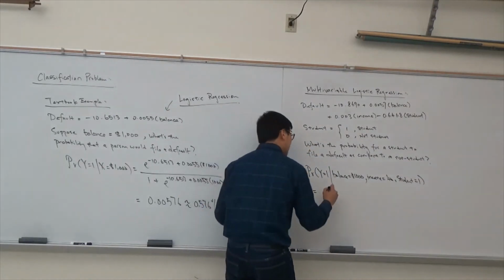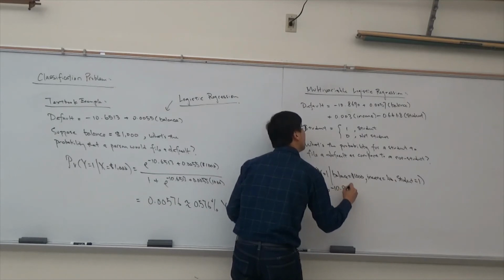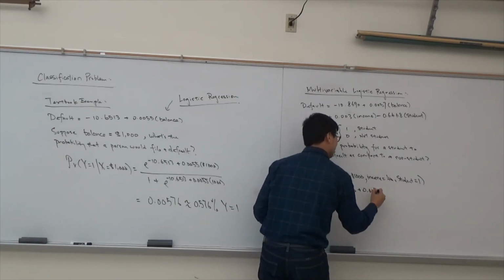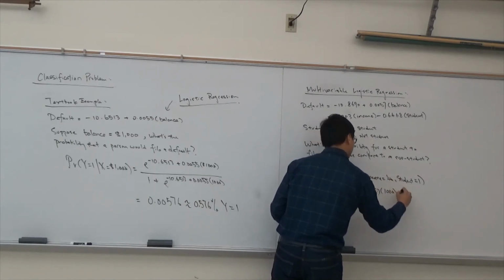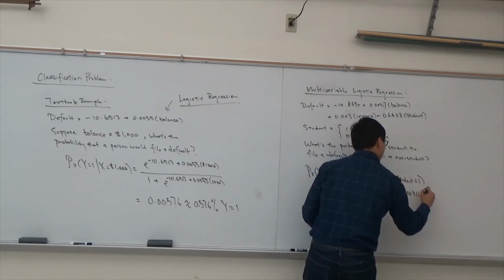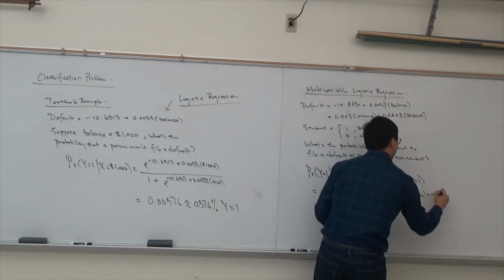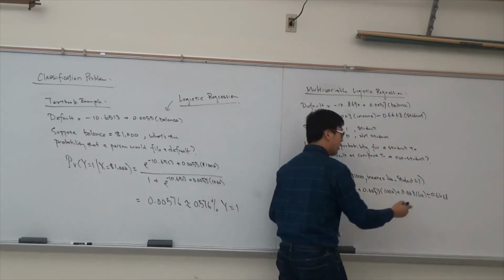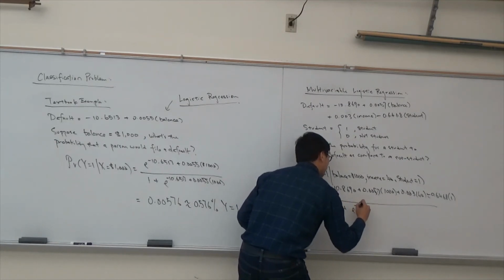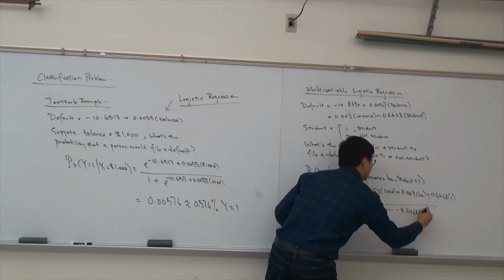To get the probability in this case, you have to use the logistic function: e to the negative 10.8690 plus 0.005557 times 1,000 plus 0.003 times 40, and in this case a negative term, minus 0.6468, of course times 1, divided by 1 plus e to the negative 10.8690 plus dot dot dot, minus 0.6468 times 1.